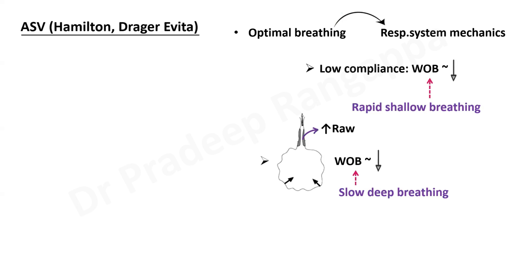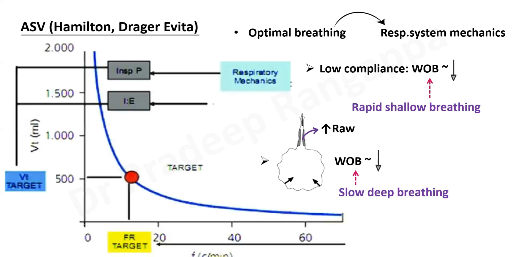This philosophy is adopted in adaptive support ventilation, where you determine the minute ventilation. You set the minute ventilation, and the ventilator automatically plots the graph and sees at what tidal volume and flow rate the optimal minute ventilation is achieved.